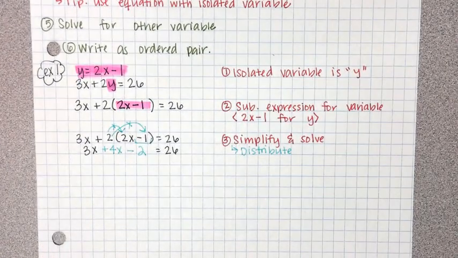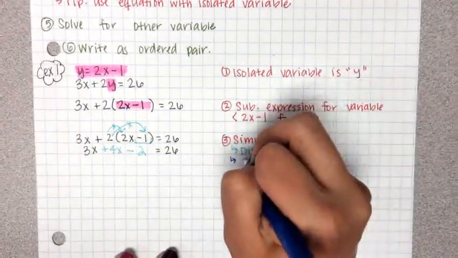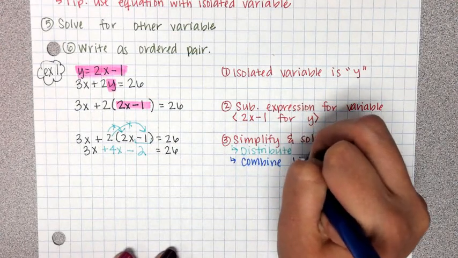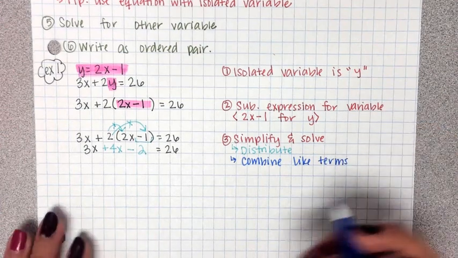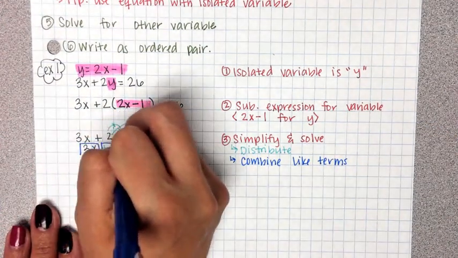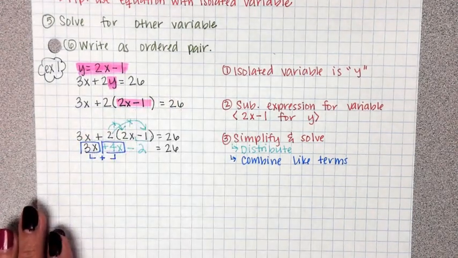Once I distribute, I'm going to combine my like terms. In this case, my like terms are 3x and positive 4x. Remember, to combine, that means to add them.